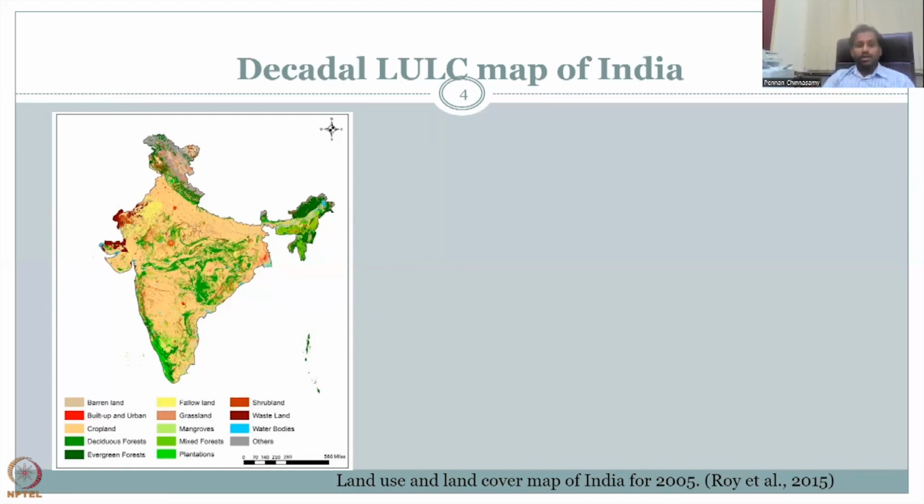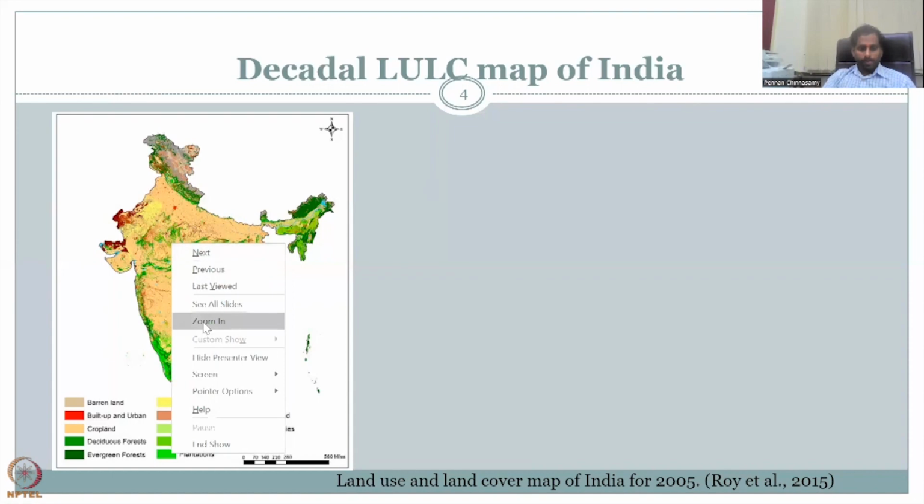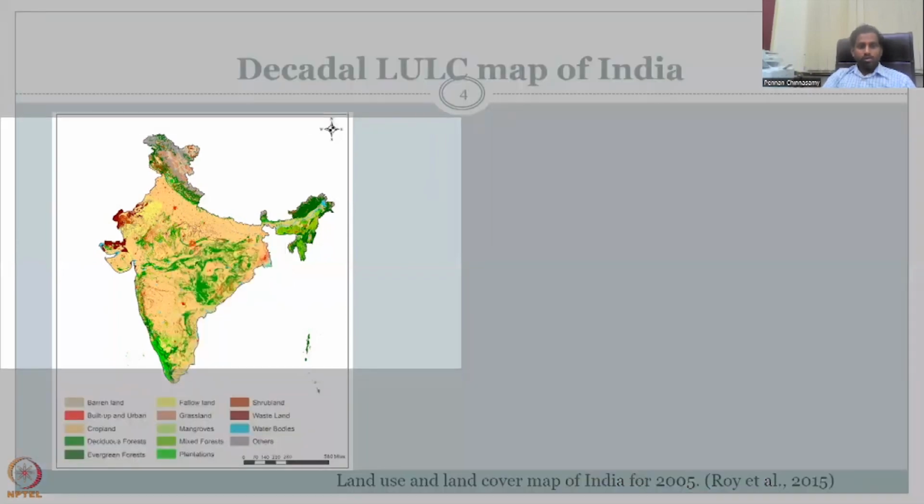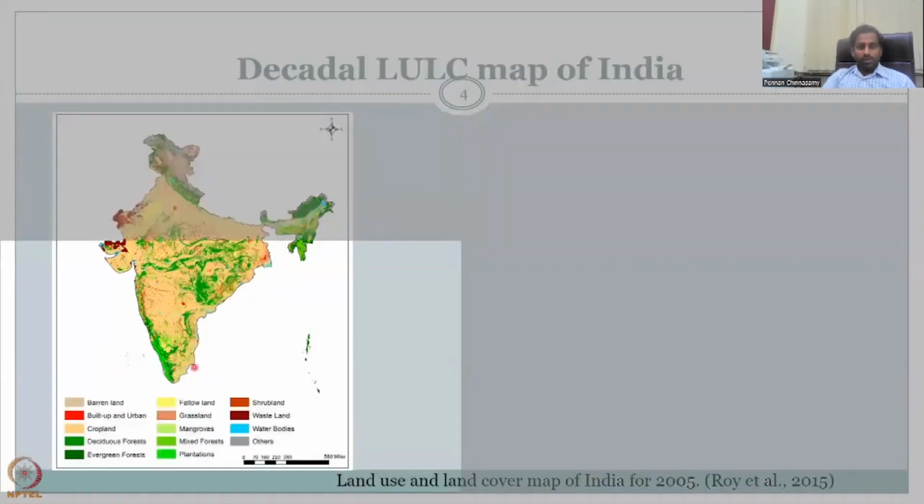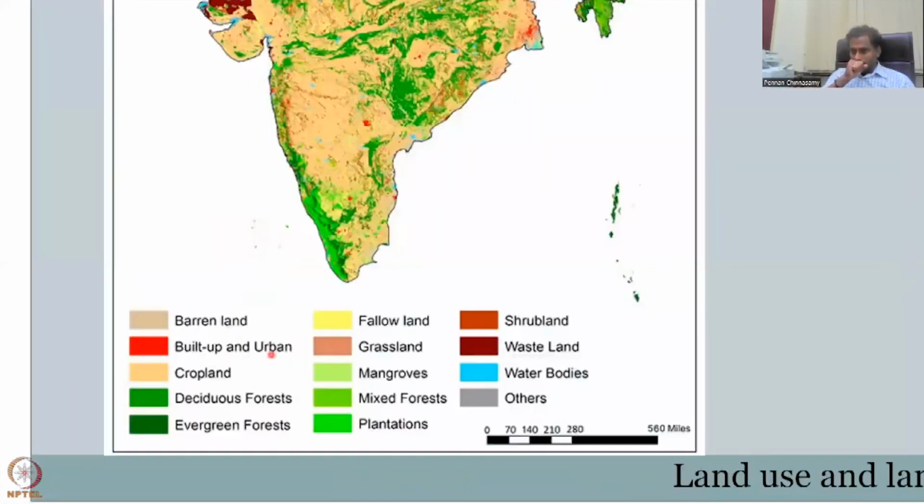So here, for example, you are looking at the colors which are red for built up area, and then fallow land, etc., right? So this is very important to understand where we are having built up area and where the rural land has been compromised or changed into multiple different land use types.